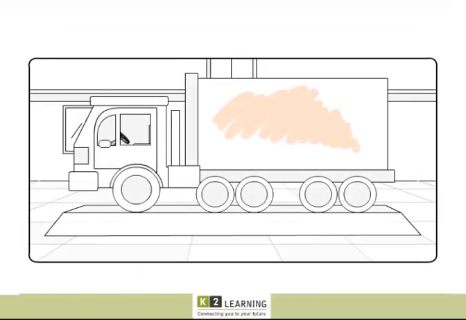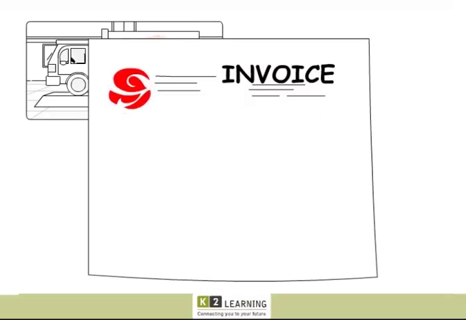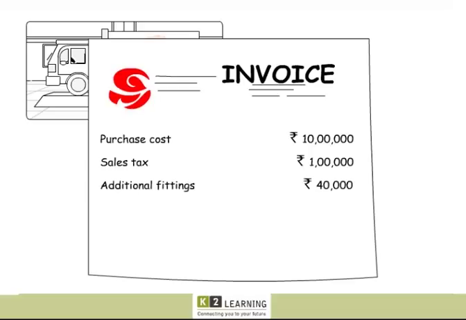Let's learn more about depreciation with the help of an example. Suppose People's Transit purchases a truck at the price of Rs 10 lakhs. The truck comes with an additional sales tax of Rs 1 lakh, additional fittings of Rs 40,000, installation charges for a logo, and a GPS at Rs 10,000.